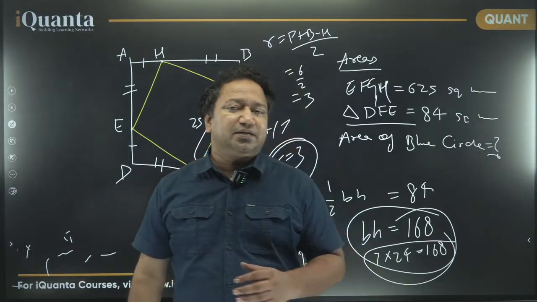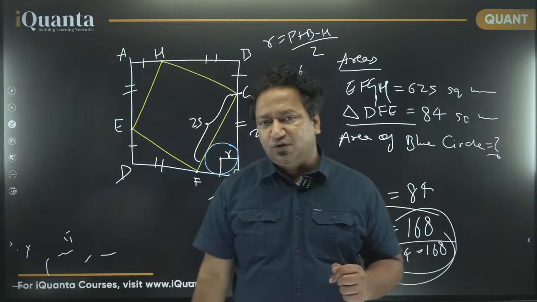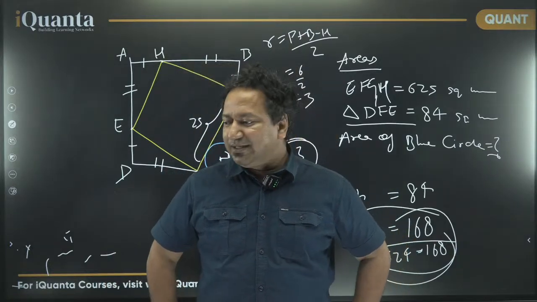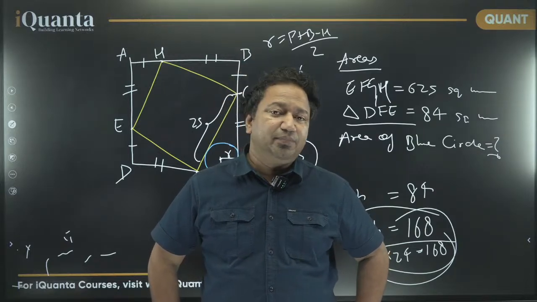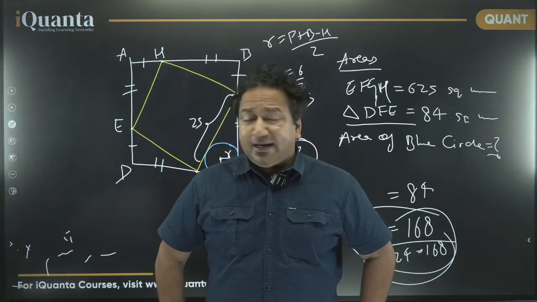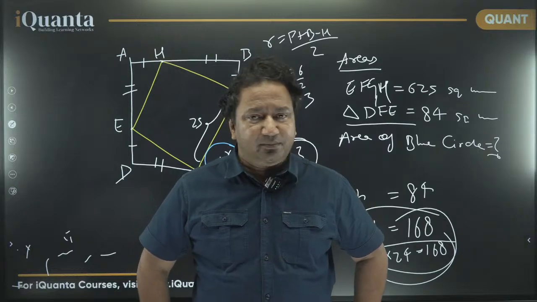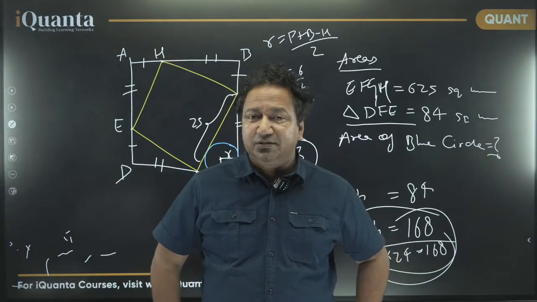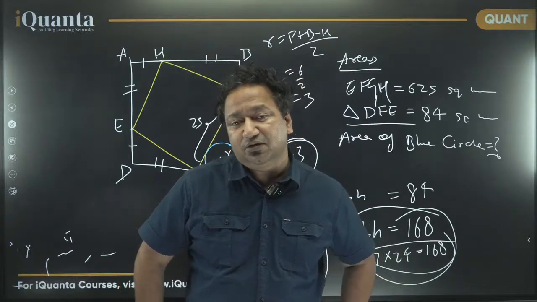Be prepared for that. Tomorrow I'll meet again with you for coordinate geometry, and after that we'll meet directly in the crash course. Till then, try to revise the concepts, try to build upon your concepts. Arithmetic and algebra are the most important in terms of weightage, but in geometry you can see things are doable, specifically mensuration, that is areas, volumes, and also coordinate, which will be happening tomorrow.